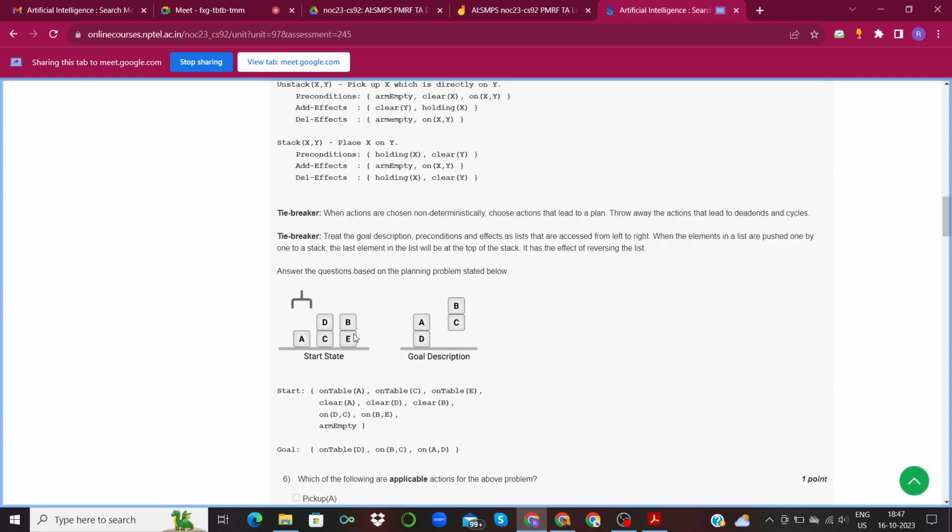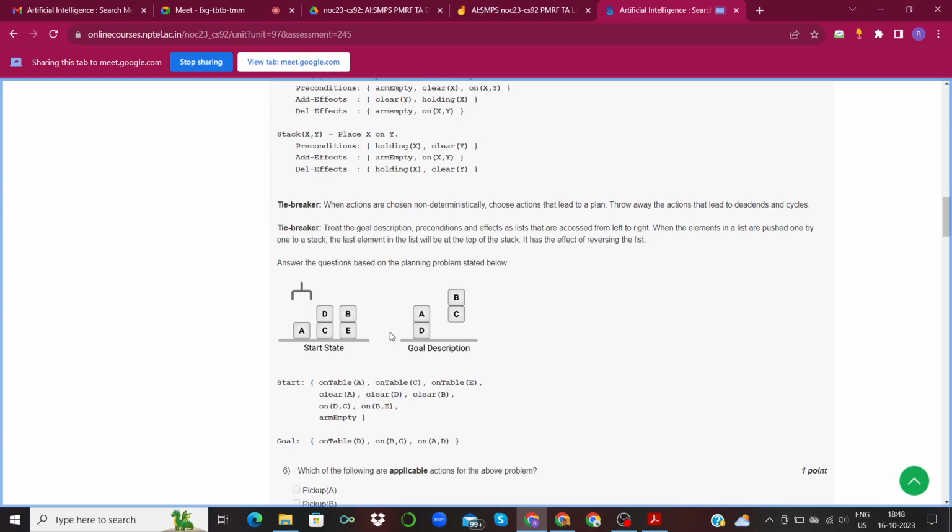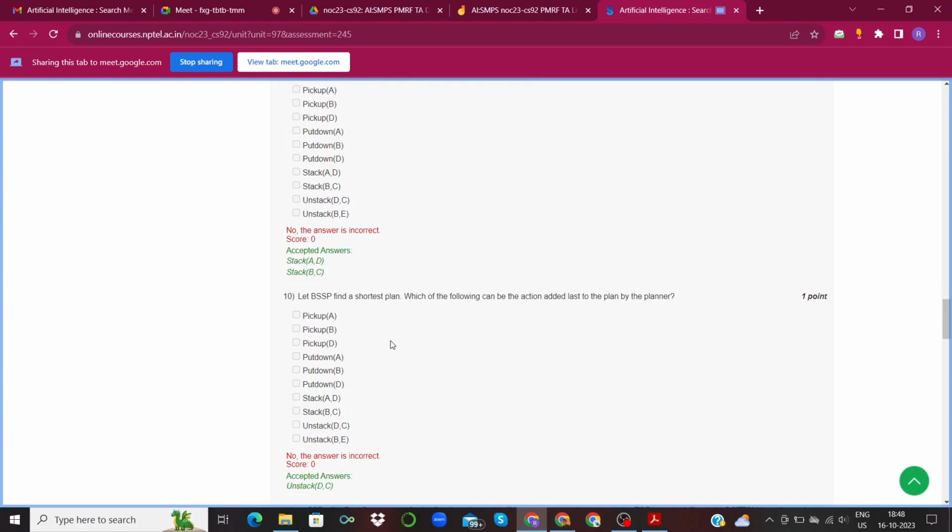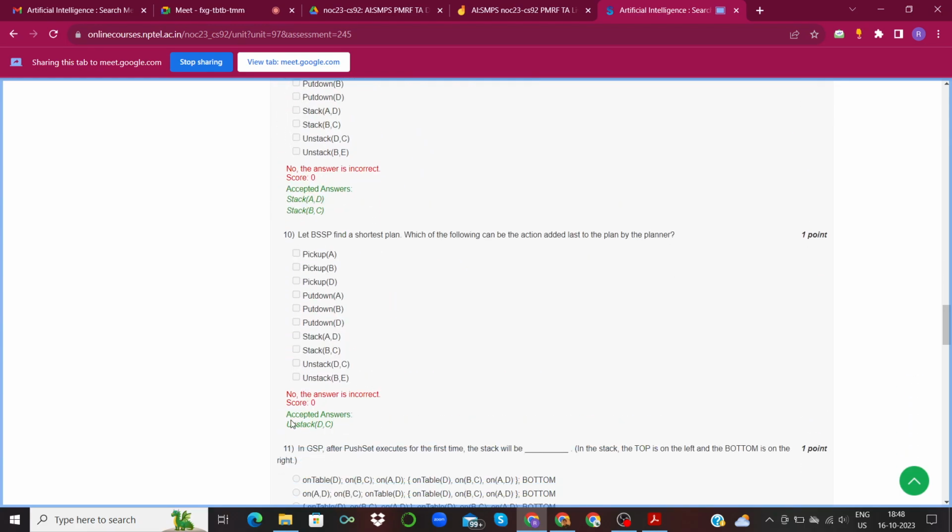And for that, if we had to move from the start state, the very first thing that we would do is remove D from top of C, right? Because we have to place D on the table, and irrespective of which part of the goal state we want to achieve first, we have to remove D first from top of C. So unstack(D, C) will be the last action to be added by BSSP, which is the answer.